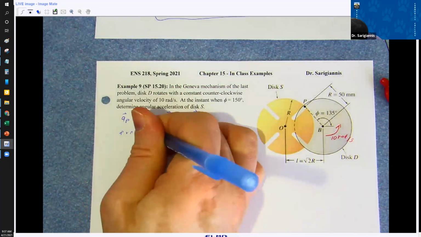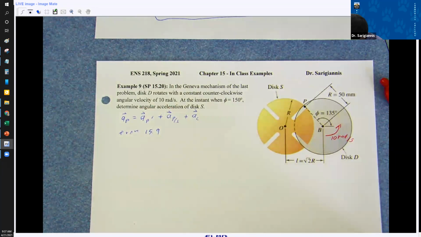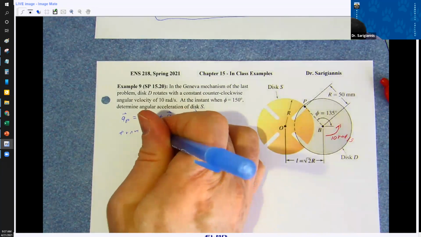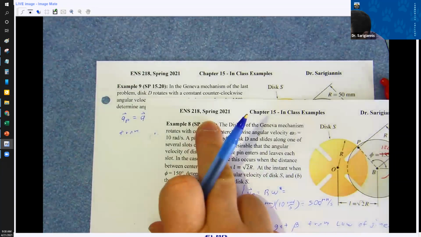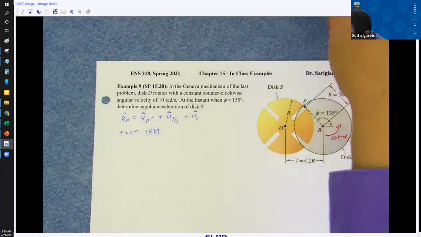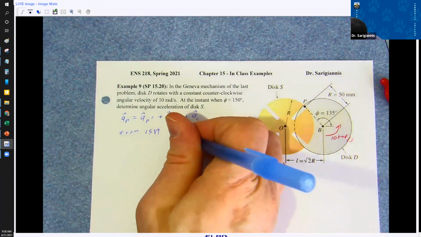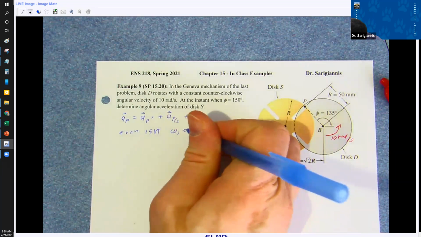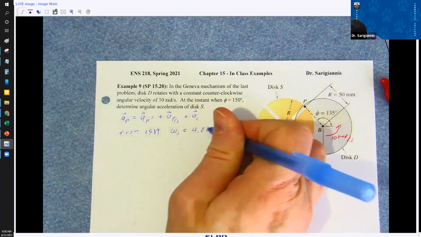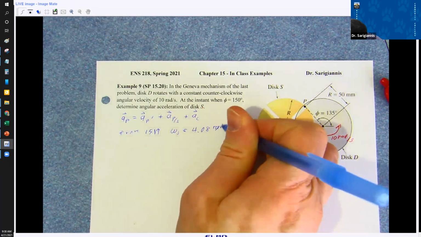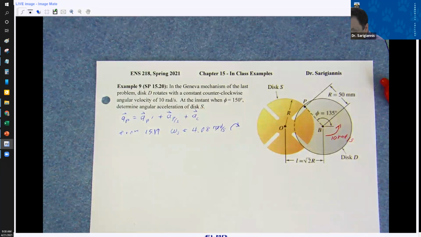From 15.19, this is the last problem we did, 15.19. Omega S is equal to 4.08 radians per second clockwise, right?